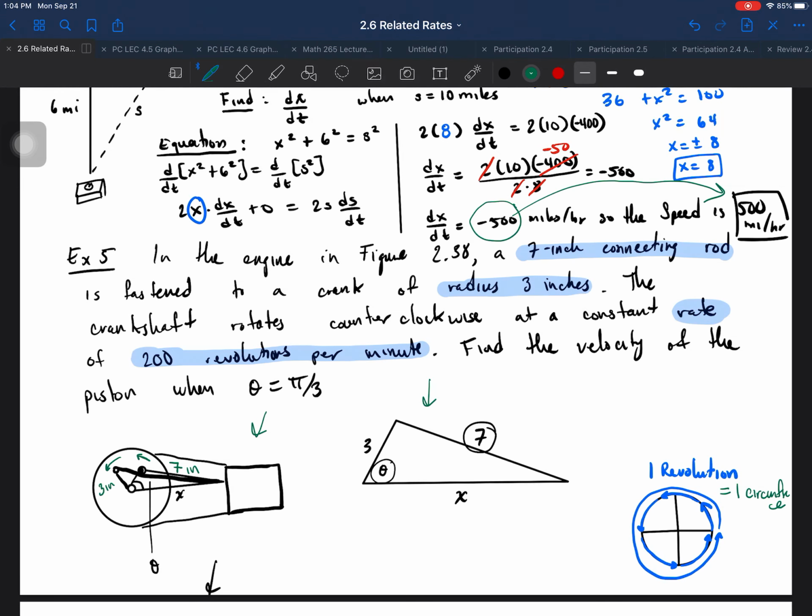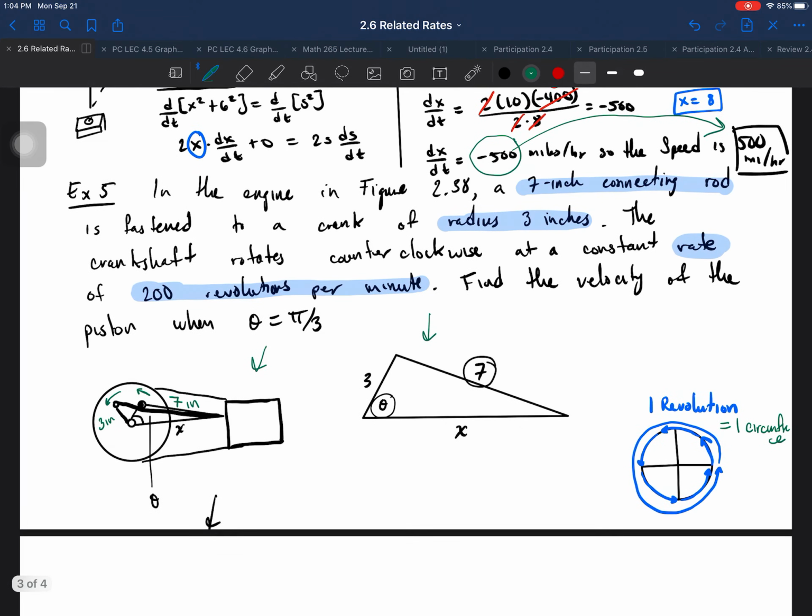So I tried my best here to make the picture of what's going on. Let me describe what happens here. So this is the piston. Now this is moving left to right. So this box is moving left to right, and there's something that makes an explosion, a spark, that makes this move in that motion.